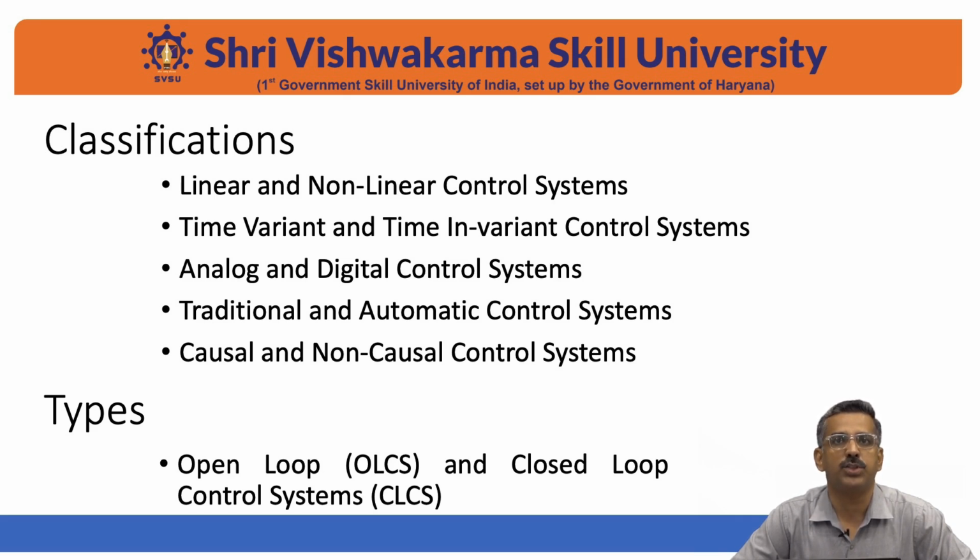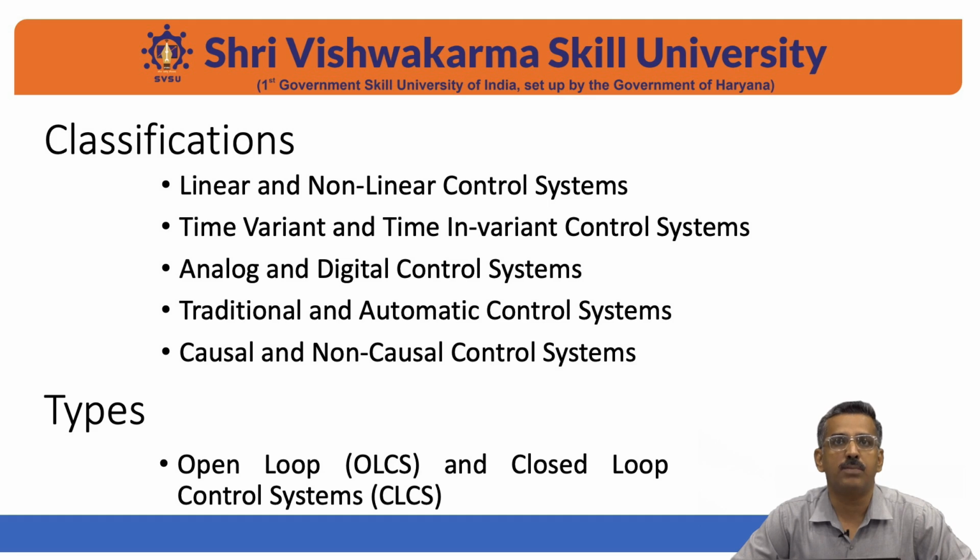There is no relationship between output and input. While closed loop control systems are those systems in which there is a relationship between the output and input, and an error detector is used to get the desired output for the system.